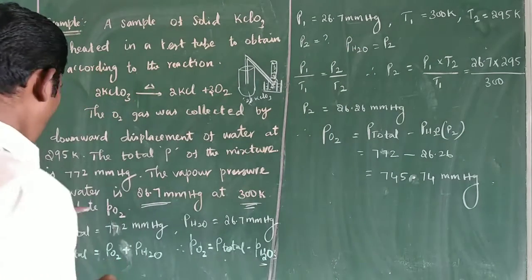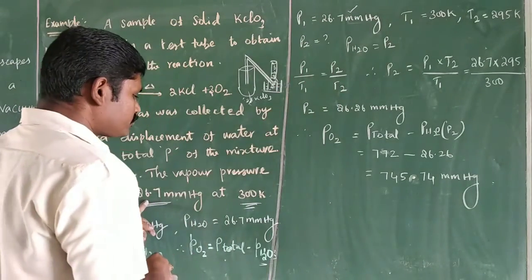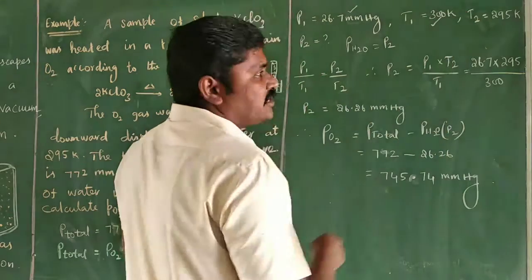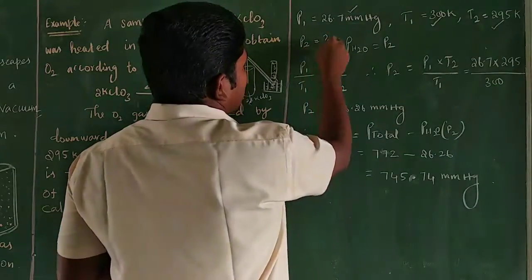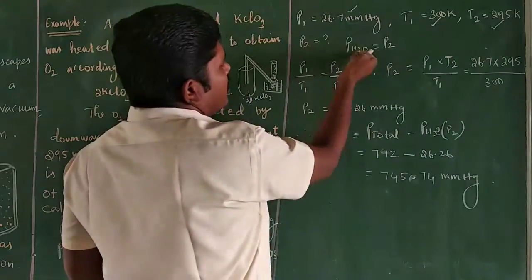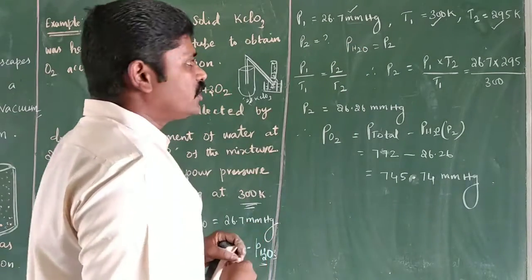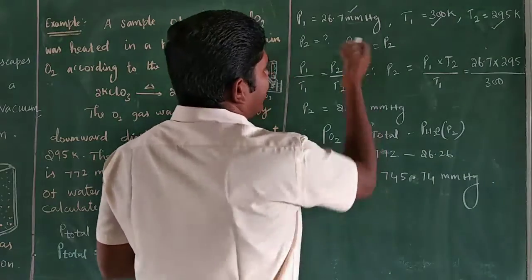P1 is 26.7 millimeter of mercury at T1 of 300 Kelvin, and T2 is 295 Kelvin. P2 is the aqueous tension of water.